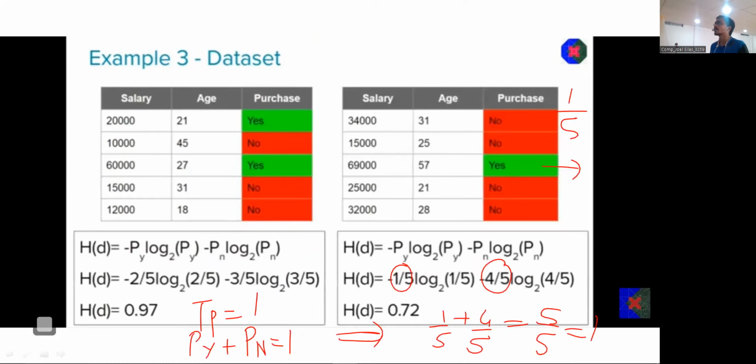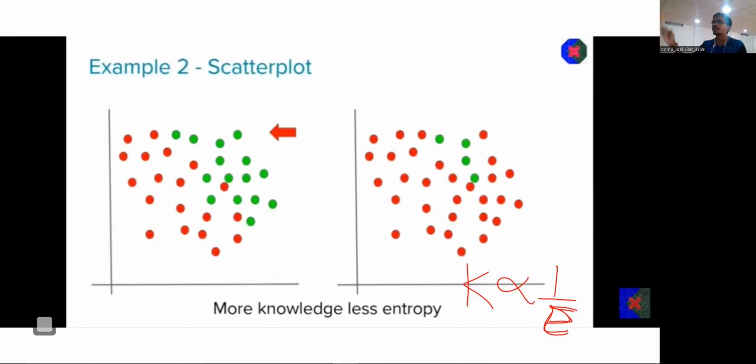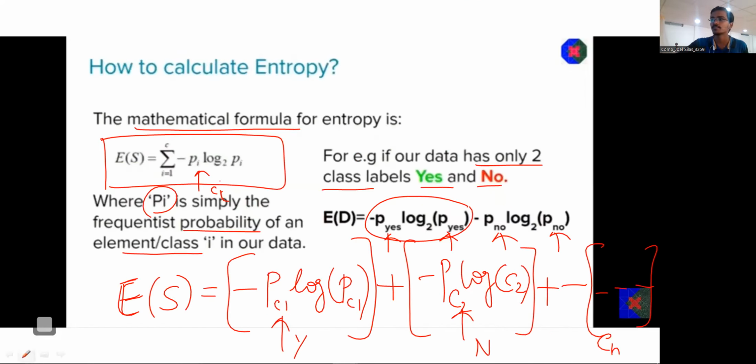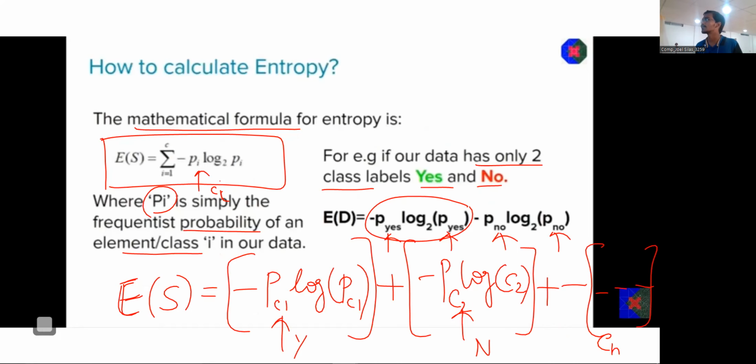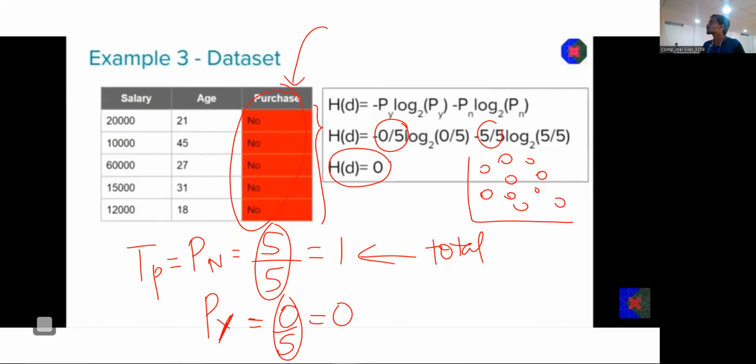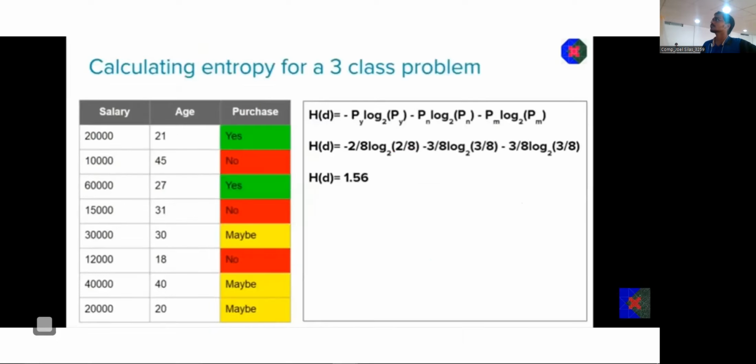Previously we had 2 classes, so we had 2 kinds of colors in the plotting. But now we have only 1 class, so only 1 kind of color will be there in the plotting. That means we are very confident that it is that class only. That means we have more knowledge. That means we have less entropy.